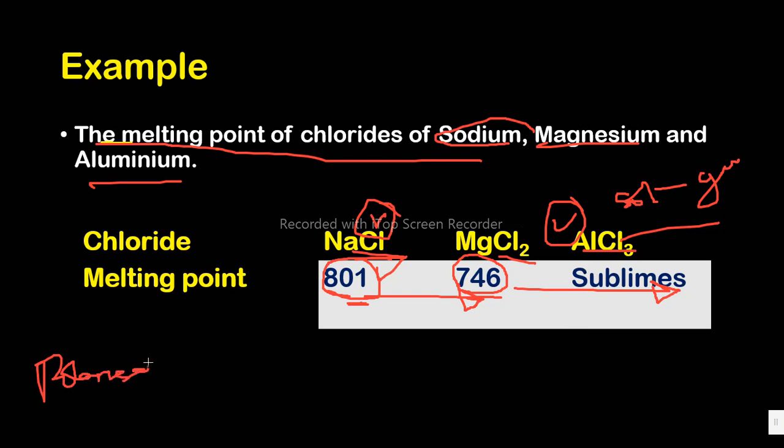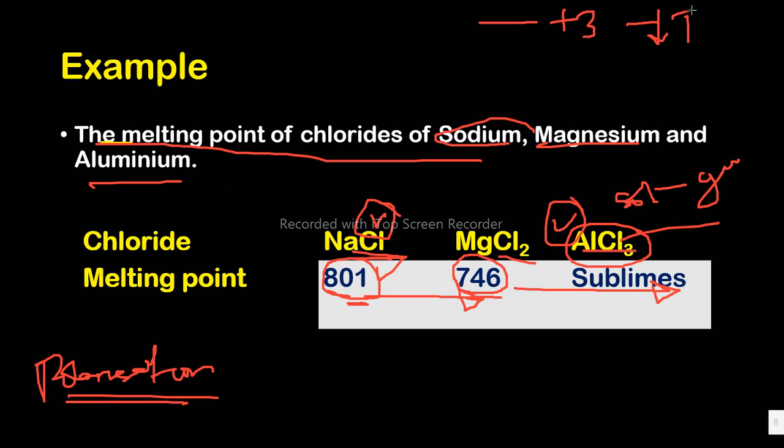In that polarization, the aluminium has a high polarizing power. How do you know? It has a very high charge, but a small ionic radius.